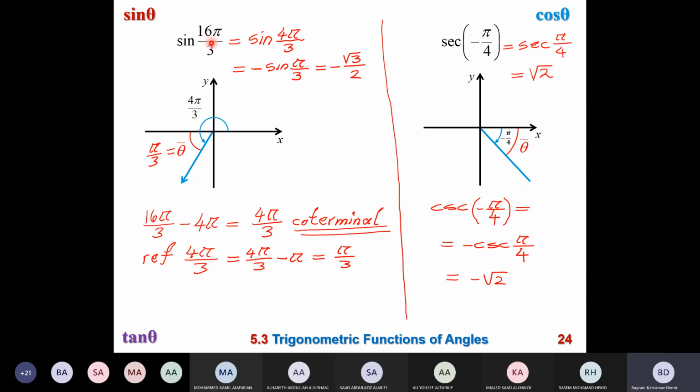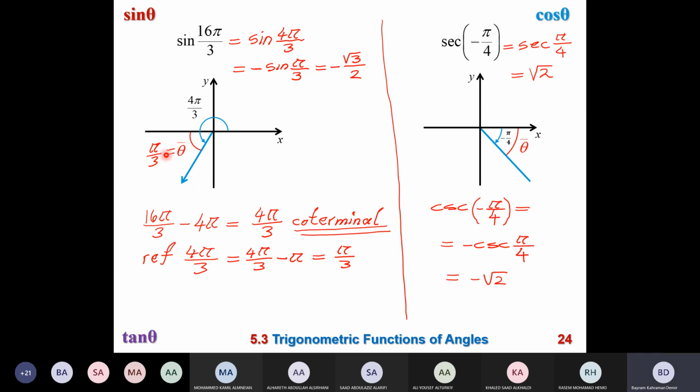Now just study sine of 4 pi over 3. Forget about 16 pi over 3. Study sine of the coterminal angle here. Where is 4 pi over 3, everybody? 4 pi over 3 is in the third quadrant. And the reference angle, how did we find it? 4 pi over 3 minus pi. Theta minus pi will give you the reference angle. 4 pi over 3 minus pi equals pi over 3.